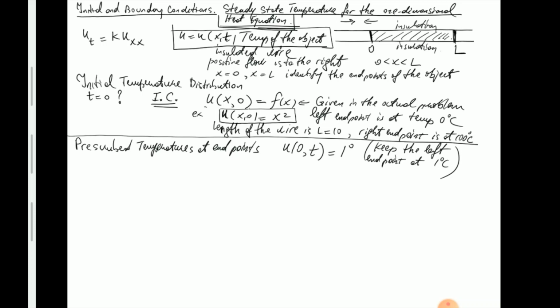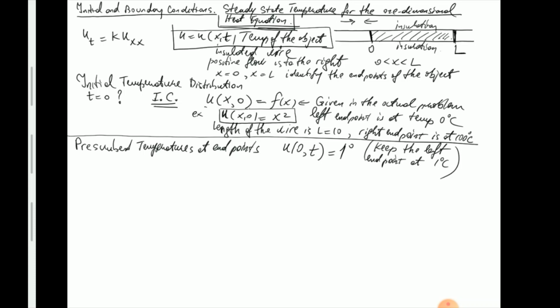So notice that this implies that this is for all time t. So throughout the process, as we run the experiment, we want to keep the temperature at the left-hand side, so that means x equals 0, but for any time t, we want to keep it at 1 degree. By the way, it's useful also to imagine how the device will look. You don't have to be a mechanic or an engineer to do that. Just imagine a plausible machine.